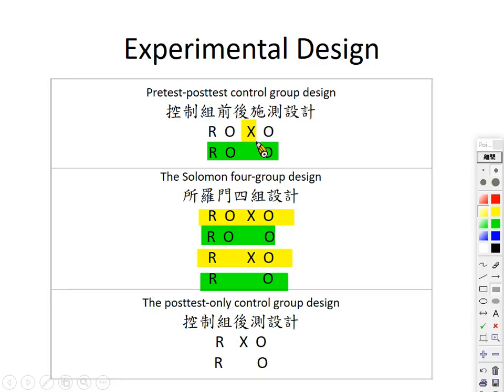So this means that before the treatment, we need to observe the data. After the treatment, we also need to collect the data. So O refers to the timing you need to collect data. Very simple, right? So all of this is a very simple structure, denoted just by the symbols X and O in R. So you will know the timing when you need to collect data.